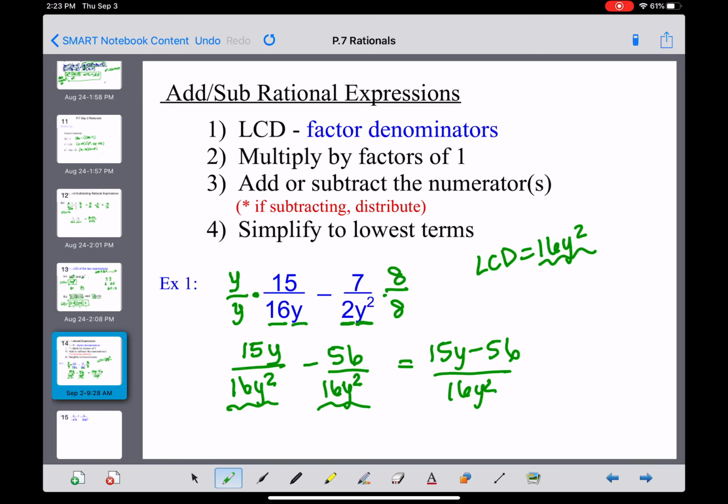And then this is my final answer if there's nothing else to factor and cancel. So in this case there's nothing really to factor, but you want to look at the numerator and see if there's anything that could factor and cancel with the denominator. And then you would do that if it's possible. And then we're going to write our disclaimer. So y cannot equal 0, because in our denominator it cannot equal 0. So this is my final answer.